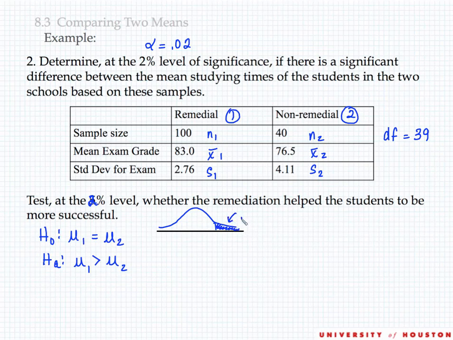So this value right here is 0.02. Again, remember we're doing inverse t or QT if you're using RStudio of 0.98 because we always have to do the area to the left, and 39 degrees of freedom. This gives me a test statistic of 2.125.